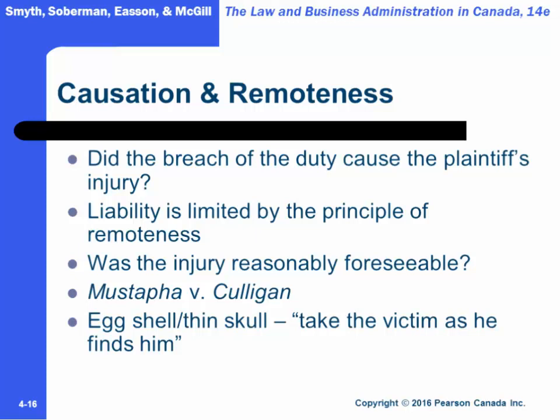If it was foreseeable that some damage from a bad throw could happen, you will be responsible for all the damage that you actually do cause by your bad throw. That's the thin skull doctrine, or the eggshell plaintiff doctrine. And that's captured in the quote on page 89, the blue quote.